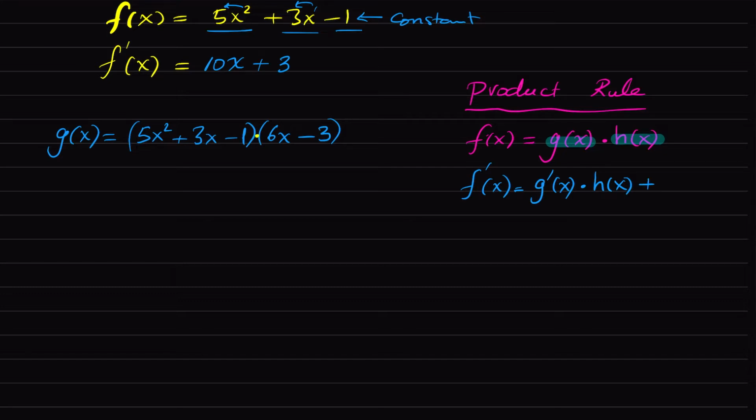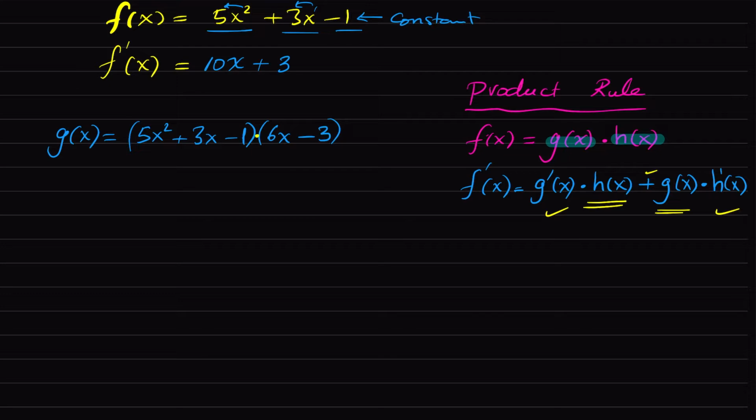Plus, we keep the first function as it is, multiplied by the derivative of the second function. So every time we do the derivative of g prime by keeping h as it is. Then plus, and this sign is always positive, g of x is kept alone as it is, then the derivative of the second function. So it means we do the derivative once each time.